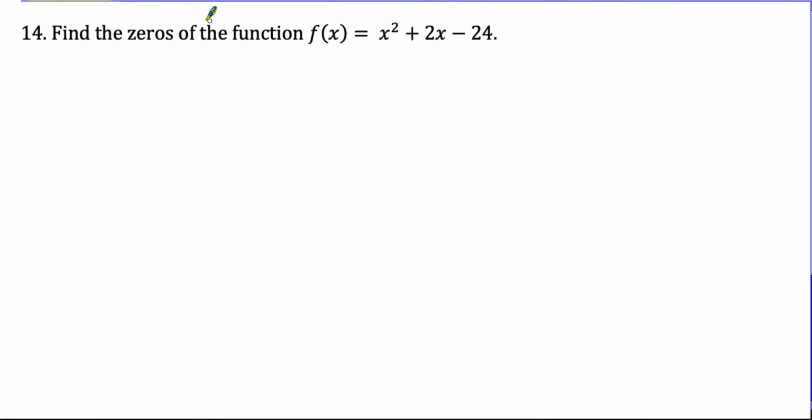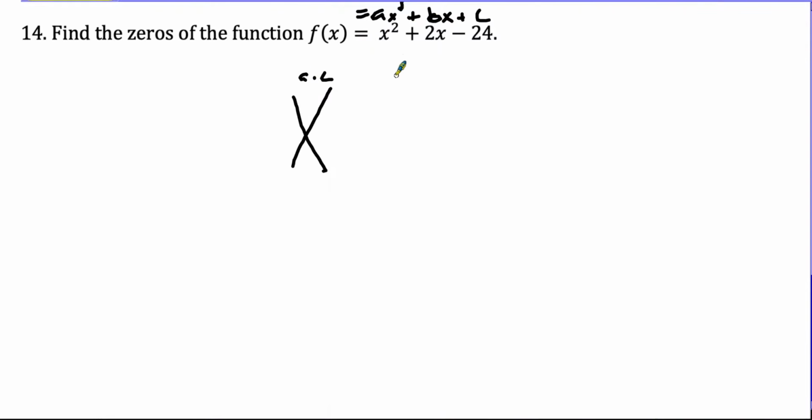On 14, find the zeros. That means x-intercepts. This is a quadratic, so our best strategy for finding the zeros of a quadratic is to x factor. In my x factor, up top is a times c. Remember, the standard form of a quadratic is ax squared plus bx plus c.